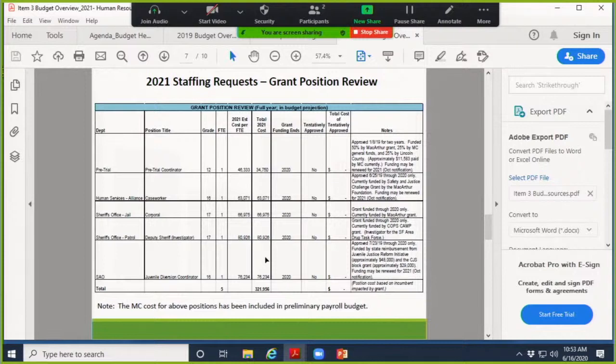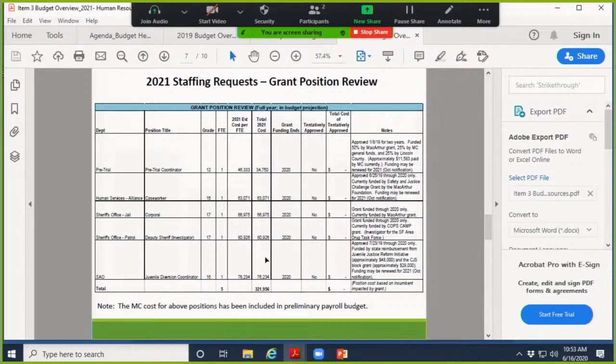Because some of them we pretty much know there's no funding for next year. Like that sheriff's office patrol position, that COPS funding is gone. So we'd have to move both the corporal and the COPS ones, or they aren't funded.